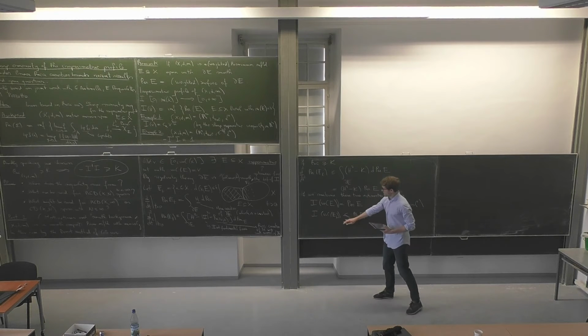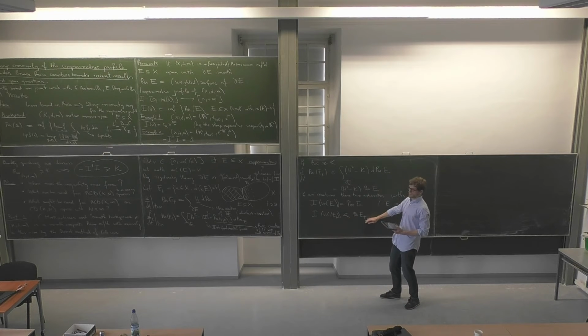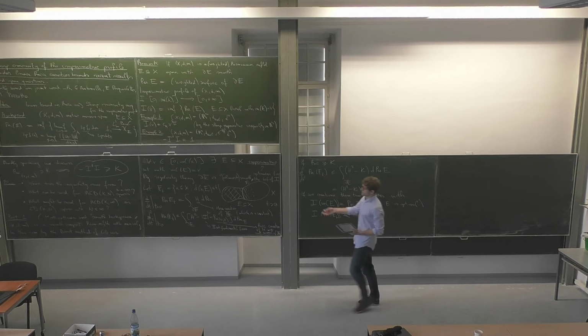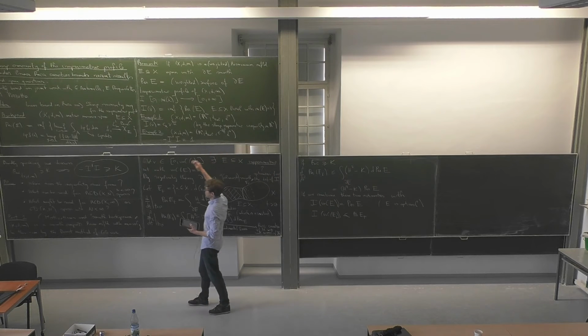The reason for the second inequality is that E_t is certainly a competitor for the definition of the isoperimetric profile with volume of E_t.